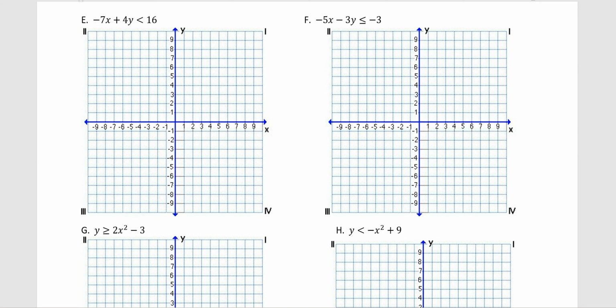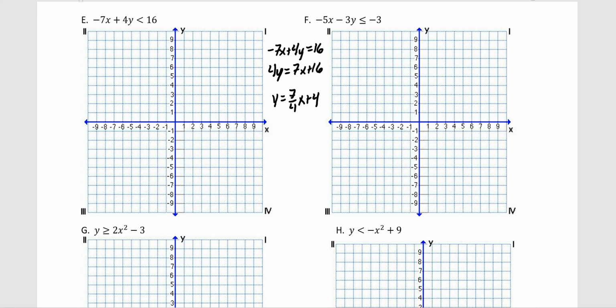Looking at some things here in standard form. Now, when I want to graph in standard form, what I would do is try to get this in slope-intercept form. So let's see, we've got some space over here on the right, so -7x plus 4y, and we'll just turn it into an equation equals 16. I need to add 7x and then divide by 4, so y would be 7/4 x plus 4.